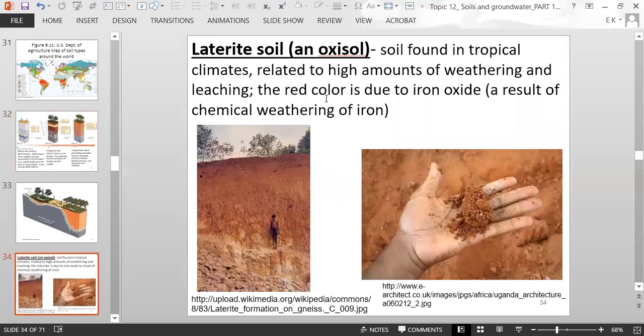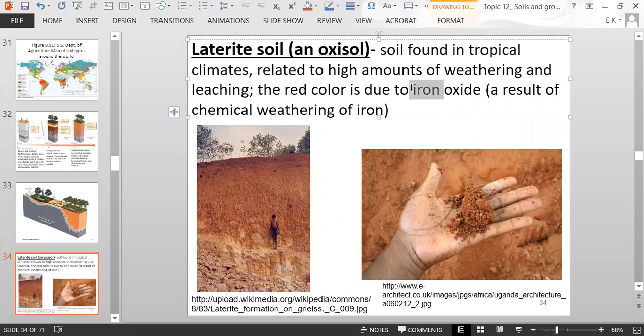So laterite soil, which is an Oxisol in a tropical soil, again, it's related to high amounts of leaching and high amounts of weathering. So it's a very thick soil that's bright orange. Well, in this case, it's not so bright, but it is orangey red, and that's due to the iron oxide.